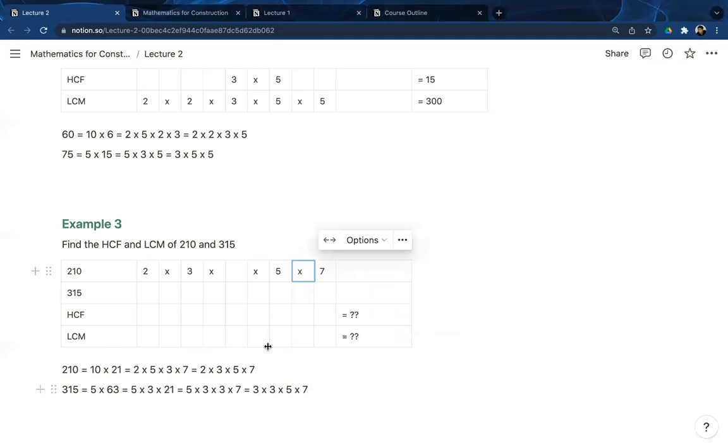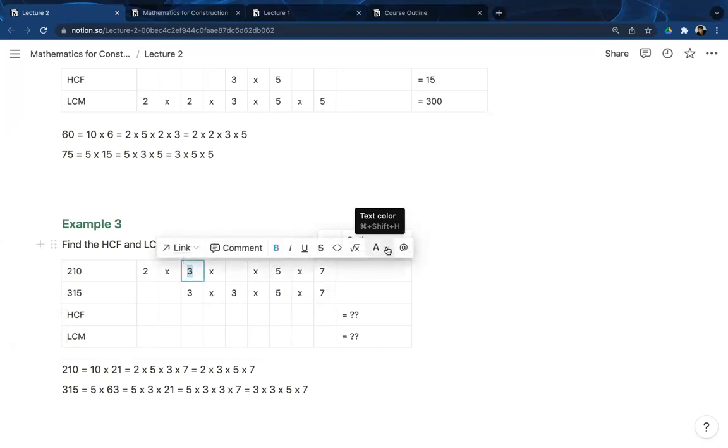I have 2 3s, so I will put 1 3 under this column here, but I have a leftover 3 that I can't put under any other column. I only have 1 3 column from the 210. So this 3 kind of escapes a little bit. Then I have a 5. So I'll put this 5 under the 5 column, and I'll put this 7 under the 7 column.